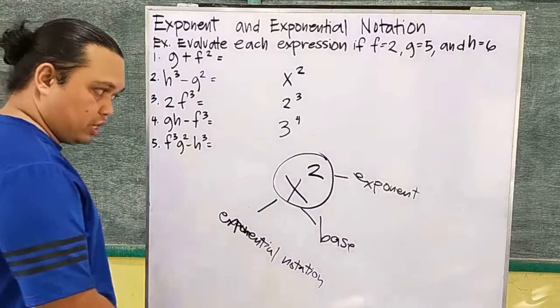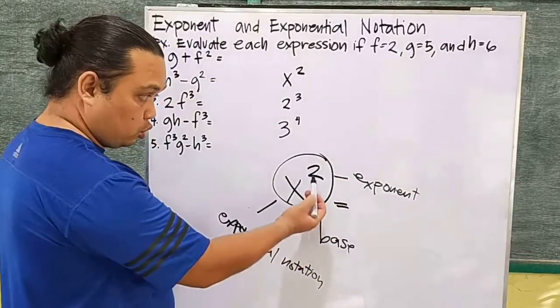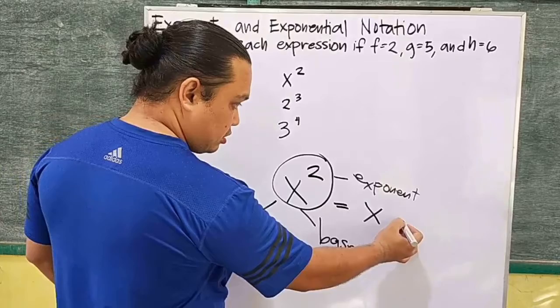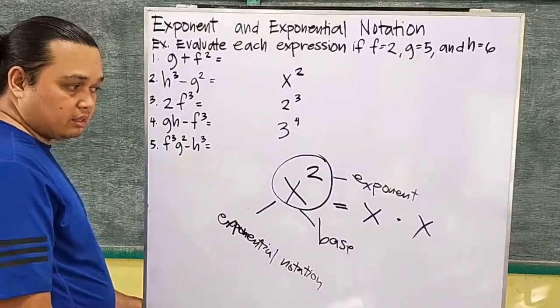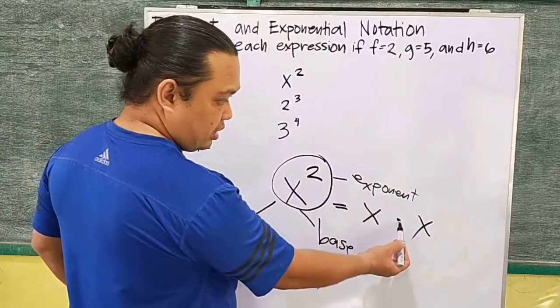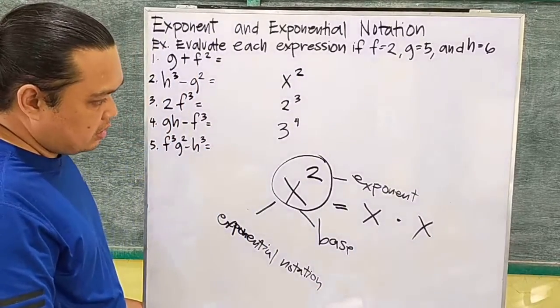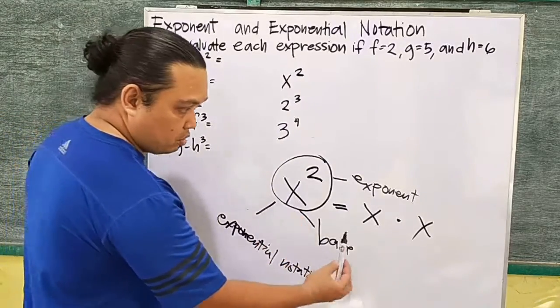So we multiply x by itself 2 times: x times x. The point here is multiplication.